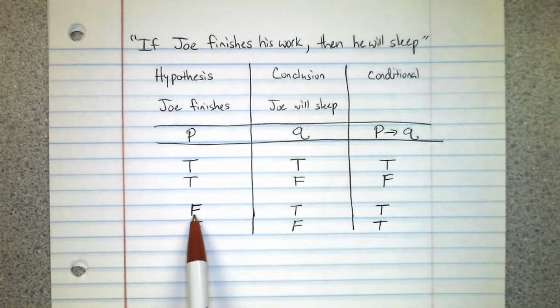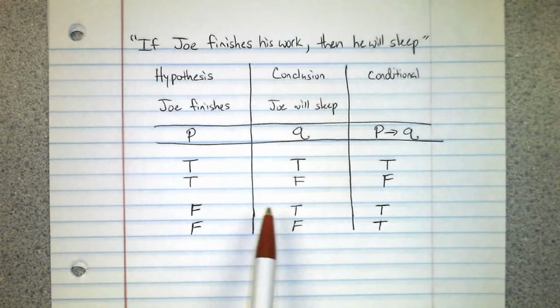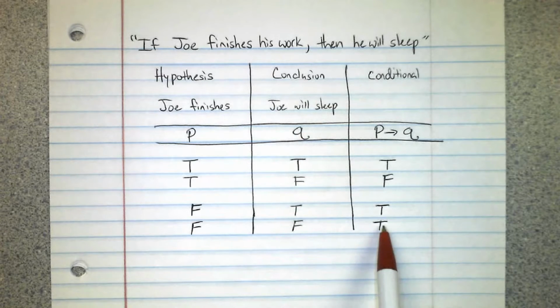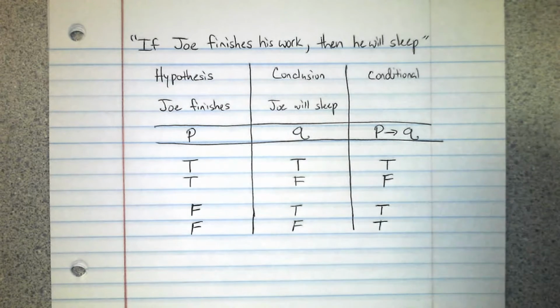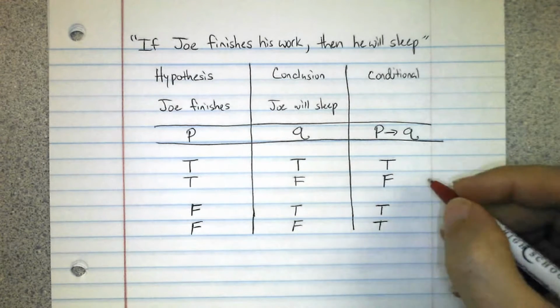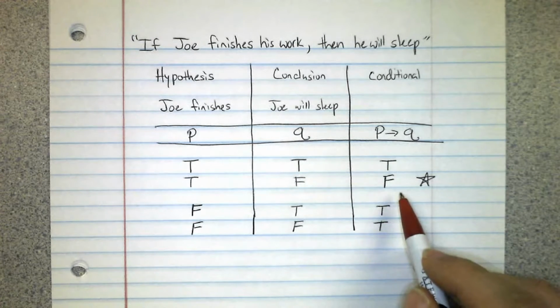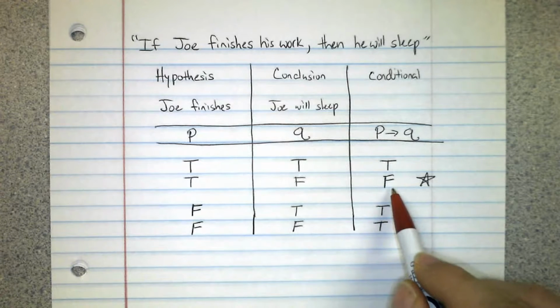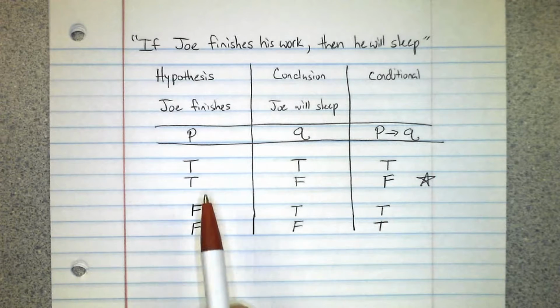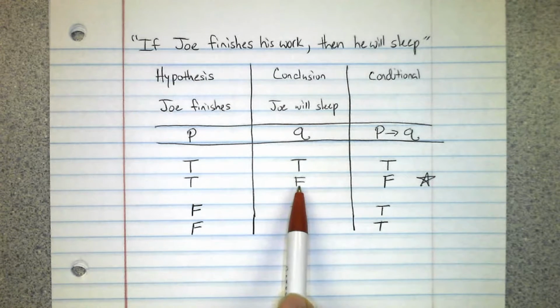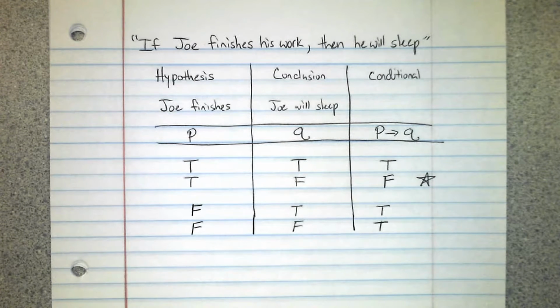So, if he does not finish his work, then whatever he does, I accept it as true, because he could do either one. I did not say which one was which. Another thing I want you to notice: this is the only spot where the if P then Q statement is false. So the only way this can be marked as false is if the hypothesis is true, but the conclusion is incorrect. Take a minute, look that over so you understand it.